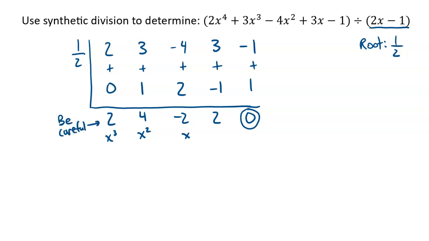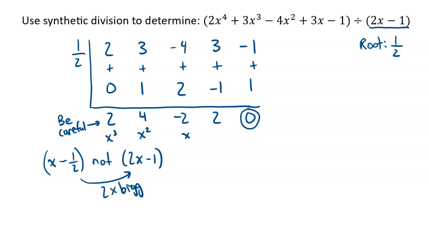Now, if we look at the different coefficients, we have to be careful here because you notice those are all multiples of 2. Now, what we actually have divided by here, by taking the 2x minus 1 and rearranging it, setting equal to 0, we've divided by x minus 1/2, not 2x minus 1. 2x minus 1 is actually twice as big as x minus 1/2. So we actually want to be dividing by a number that's twice as big.